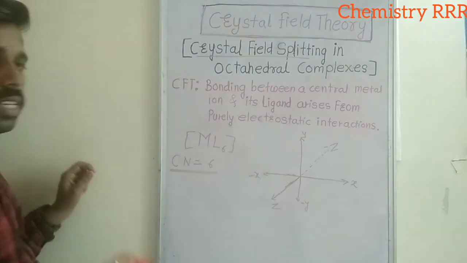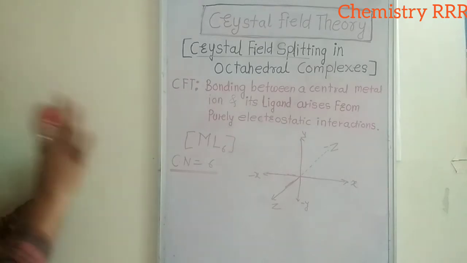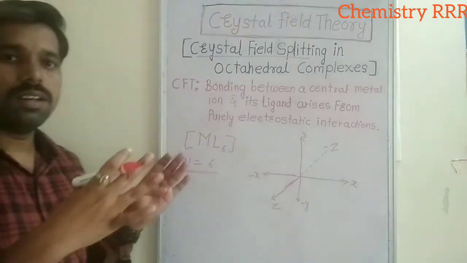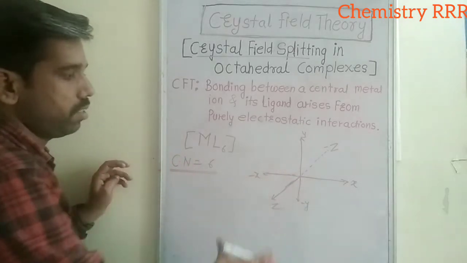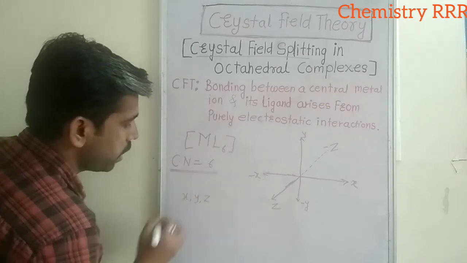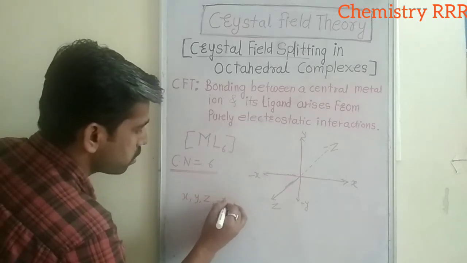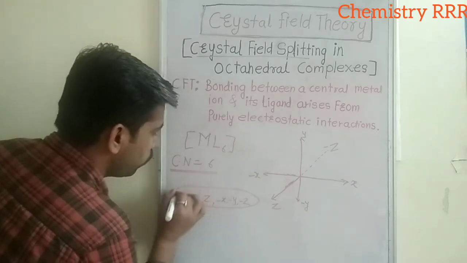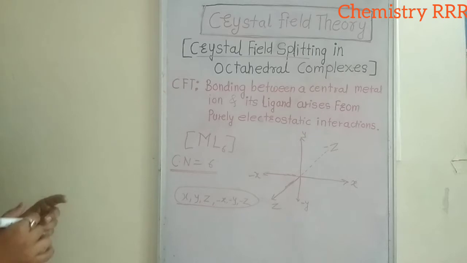Now in the octahedral complex, all the ligands approach towards the metal along the axes, that is along the x, y, z, minus x, minus y and minus z directions.